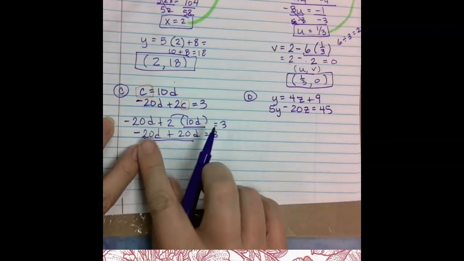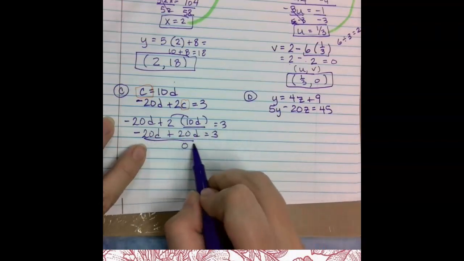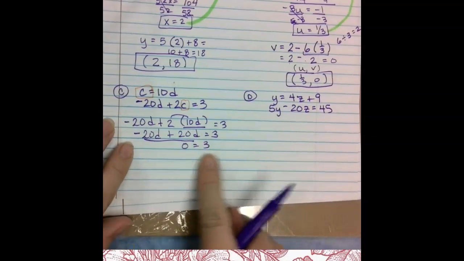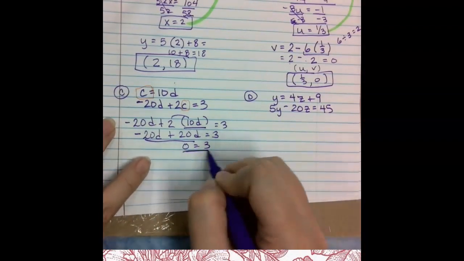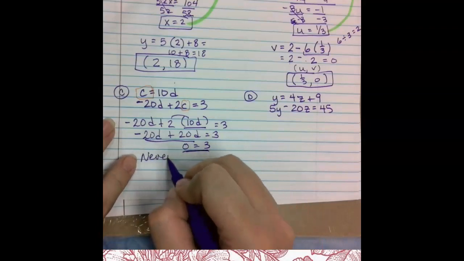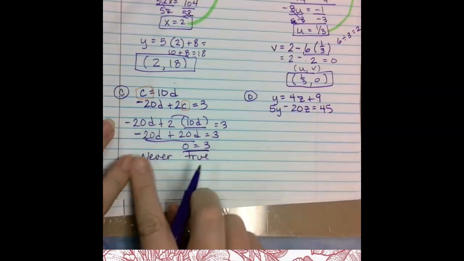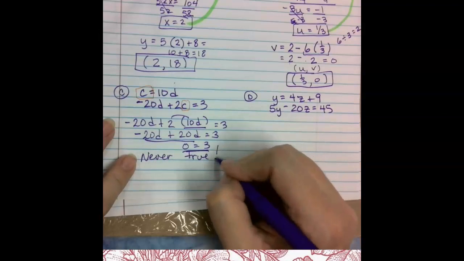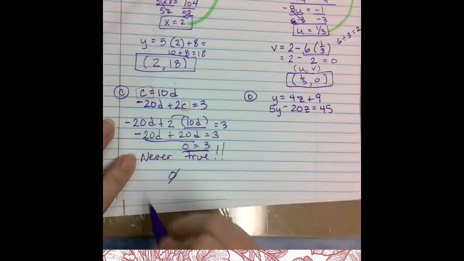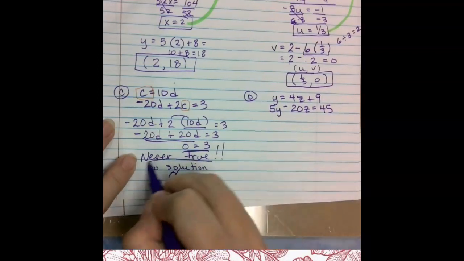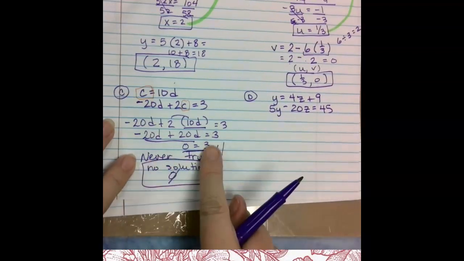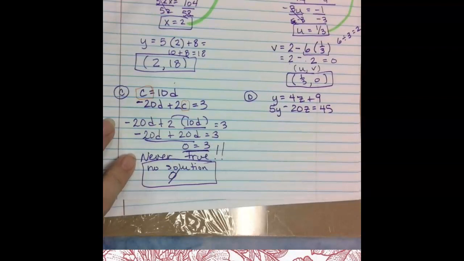Combine like terms: negative 20 plus 20 gives me 0. I get something like this: is 0 equal to 3? This is never true. When I get something that's never true, my answer is no solution.